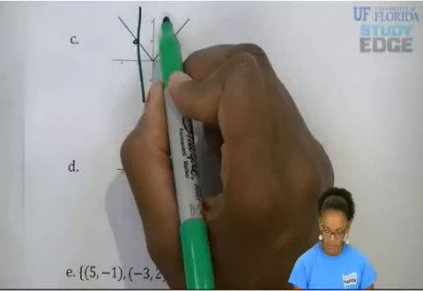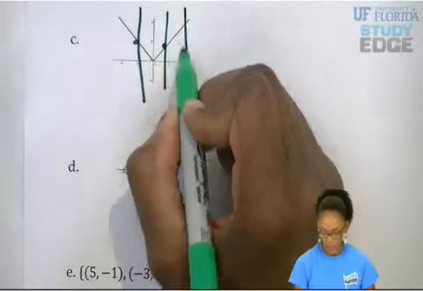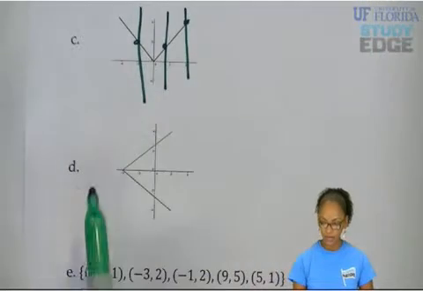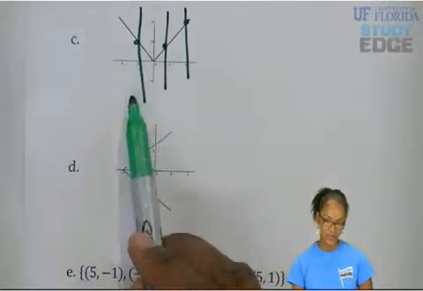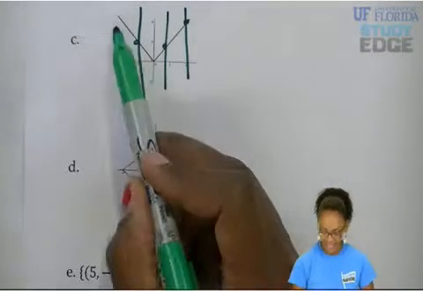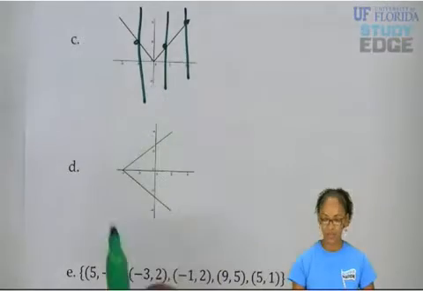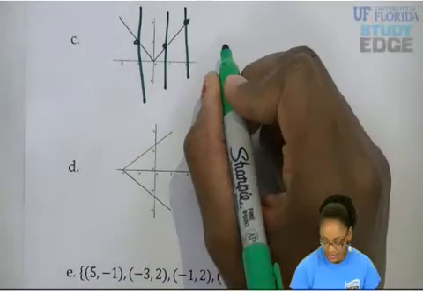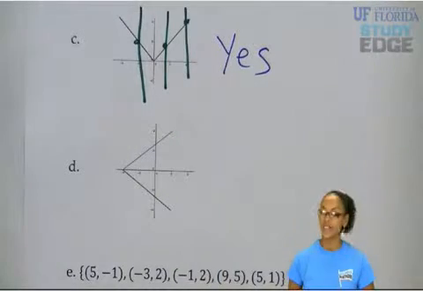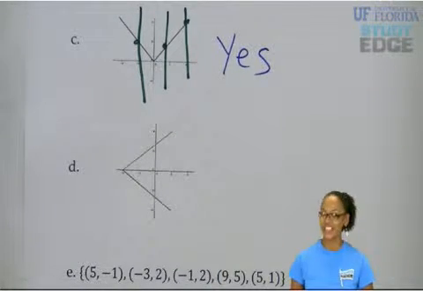No, it touches it right here. You can draw as many lines as you want. Every vertical line only touches this relation once. So yes, it does pass the test, and yes, it is a function.